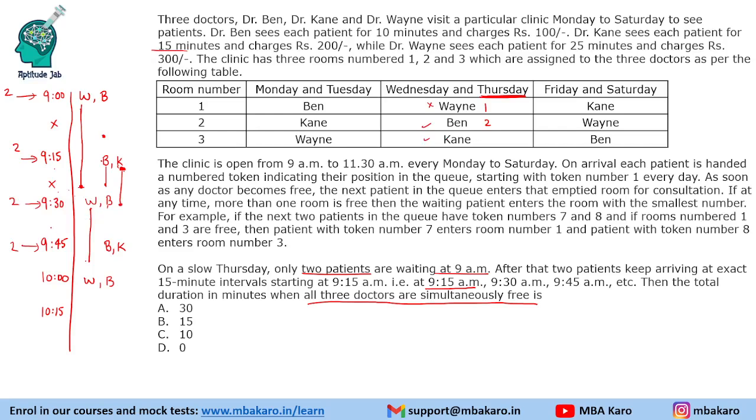Now 9:30 onwards to 9:45, all three are not free because Wayne is occupied, and 9:45 to 10 again Kane is occupied. So even if Wayne is getting free, Kane is occupied. Similarly at 10 they will again be occupied till 10:15. So we will not find any time slot when all three doctors are simultaneously free. So the answer is 0 minutes.